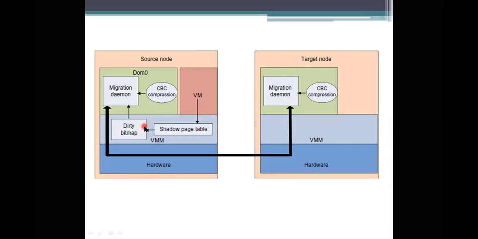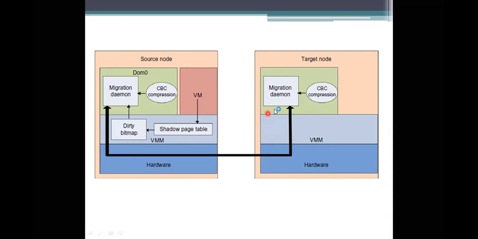How are we going to start? First it has to clear the shadow page table. The data you have in this shadow page table has to be copied into the other one, and then we have to recreate a shadow page table in this environment.